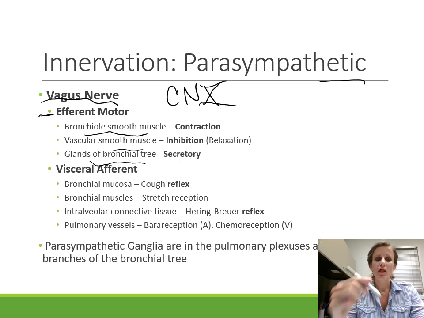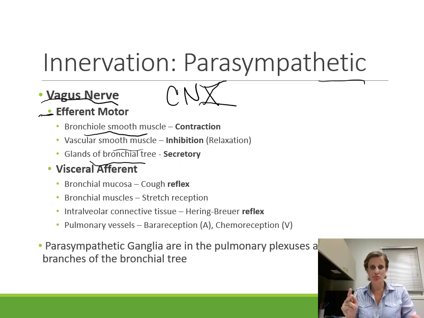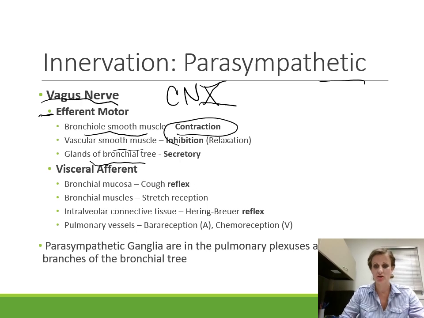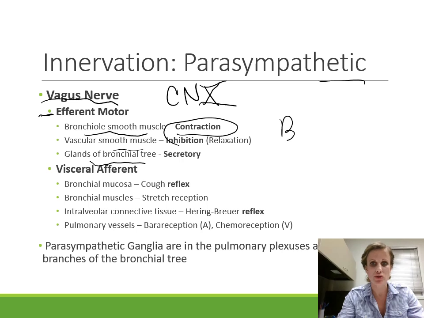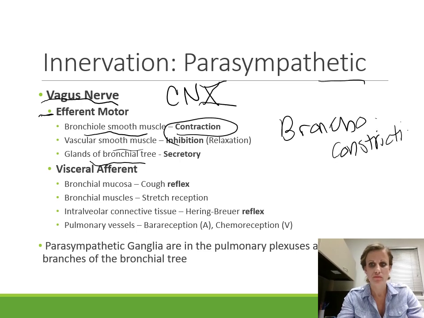So they have kind of opposite actions in the bronchioles versus the vessels. When we have parasympathetic stimulation of the bronchial smooth muscle, this causes contraction of the smooth muscle. Okay, contracting the smooth muscle leads to bronchoconstriction, to slow airflow or decrease airflow to that area.